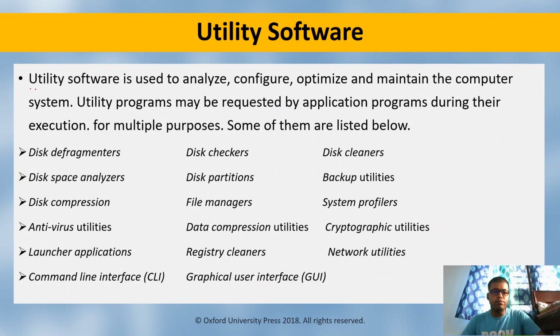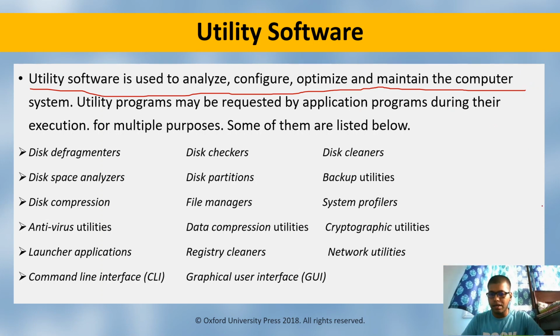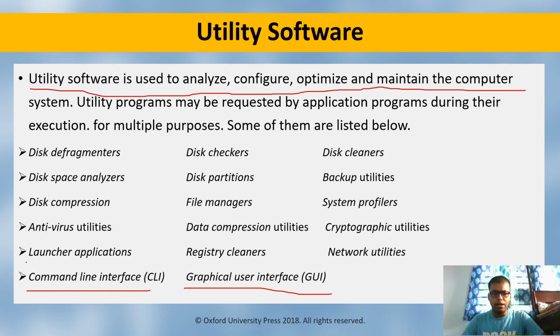Now, some utility software is present, though these are not part of the application software. It is part of the operating system. Sometimes some applications require this utility software, but most applications do not. Only the GUI and command line interface, and launcher applications, are useful for any application software.